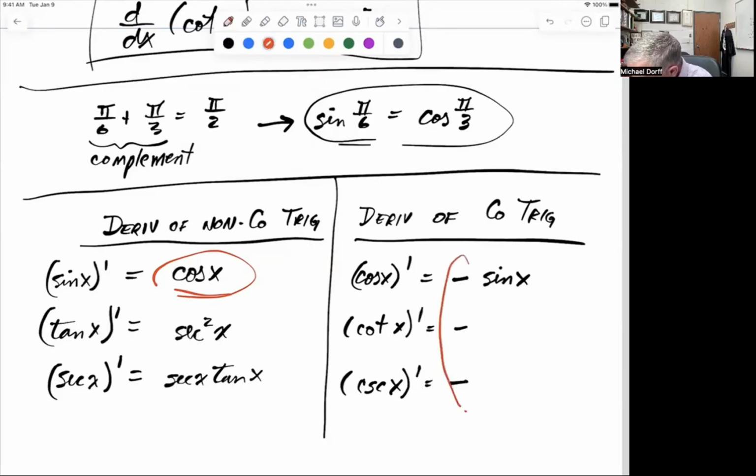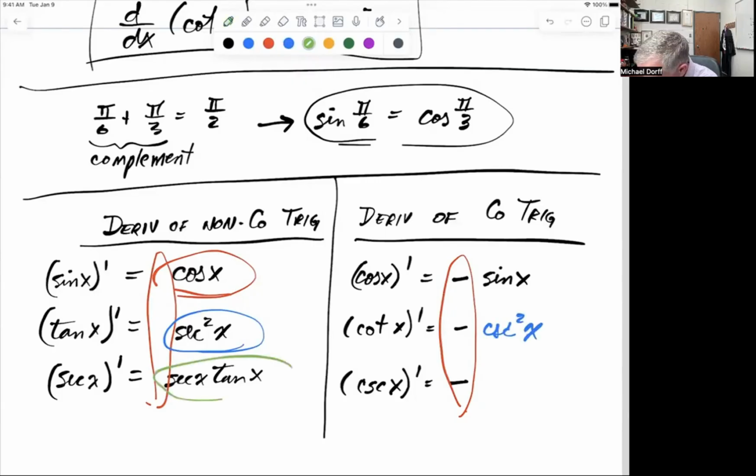All of these have negatives, while all of the non-co ones are positives. And I'm just going to take the co of its equivalent. The derivative of tangent is secant squared, so when I take the derivative of cotangent, I get negative cosecant squared x. The derivative of secant is secant tangent, so I now get negative cosecant x cotangent x.